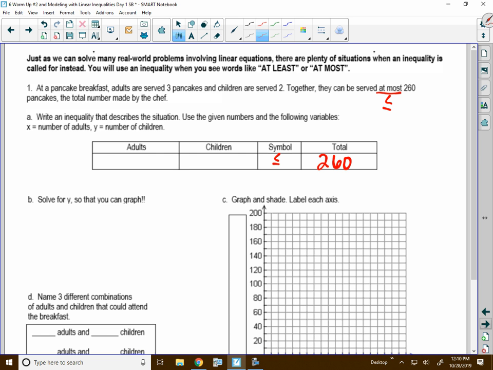Okay, they tell you here x is the number of adults, y is the number of children. How many pancakes per adult? 3. So we're going to write that as 3x. So 3 pancakes times the number of adults, which is x, plus 2 pancakes for each kid.